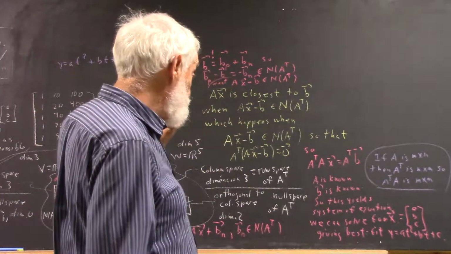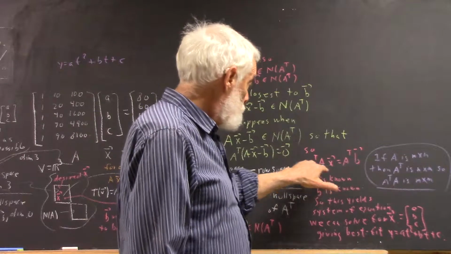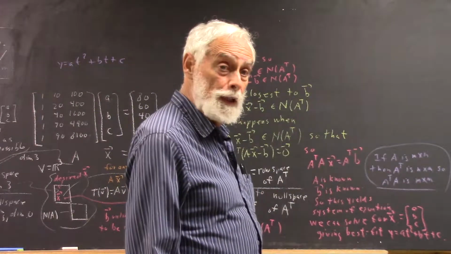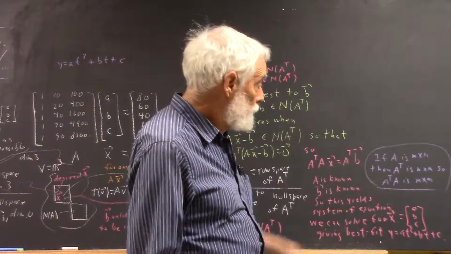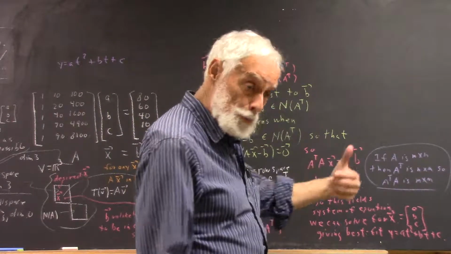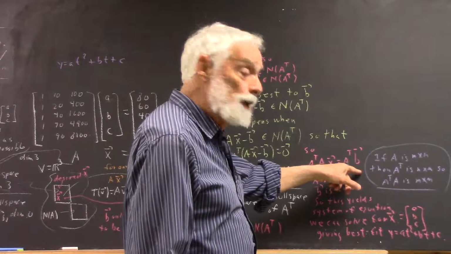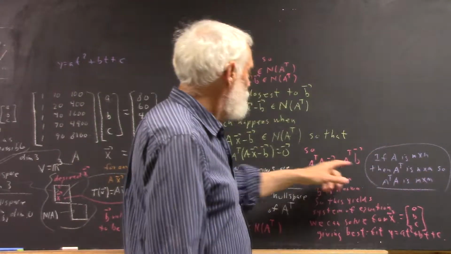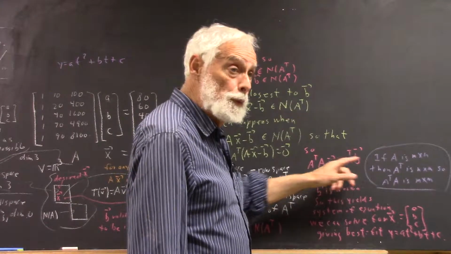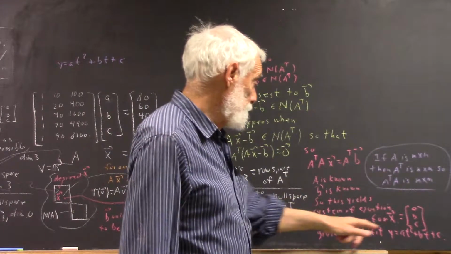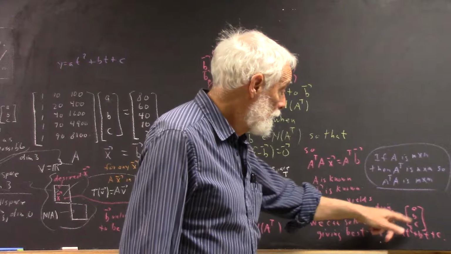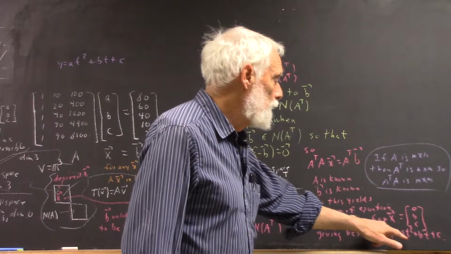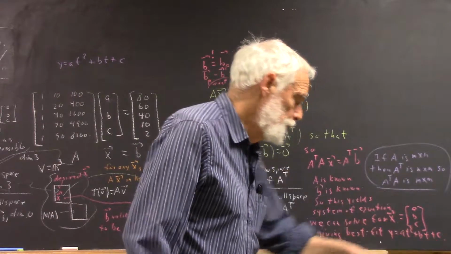So in this specific case, we have a 3 by 3 matrix times X that's equal to A transpose times B. Now A transpose is 3 by 5, so A transpose times B is going to give us a vector of length 3. This means that we're going to get 3 equations and 3 unknowns, and we simply solve those equations for x. That gives us the A, B, and C. That gives the best fit for y equals A t squared plus B t plus C.